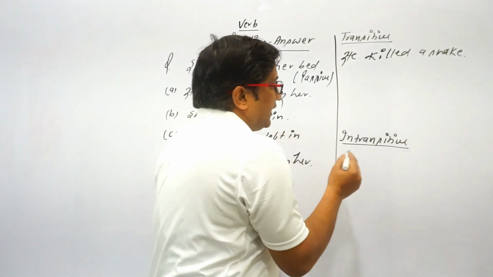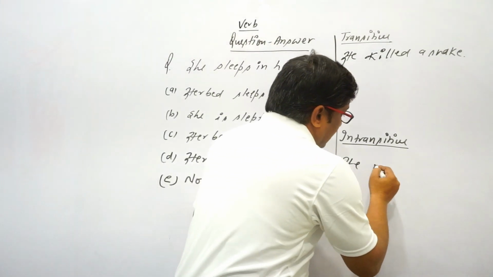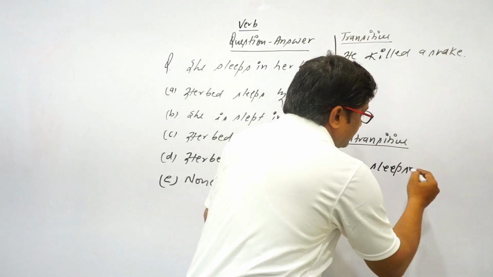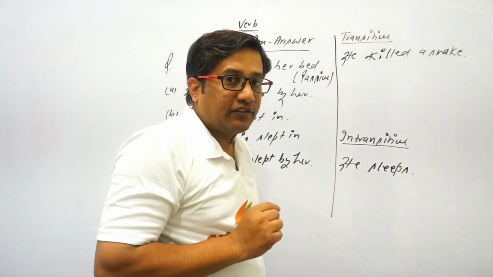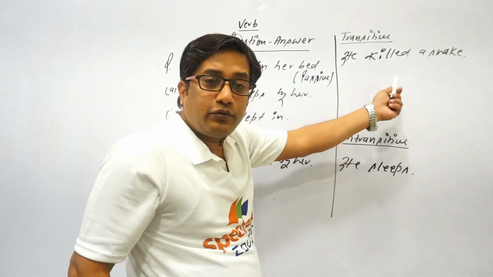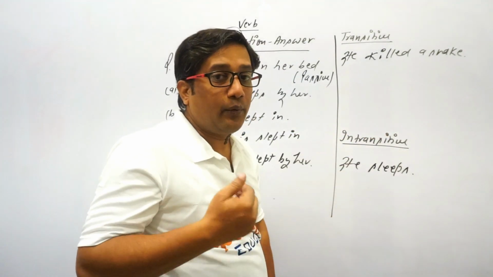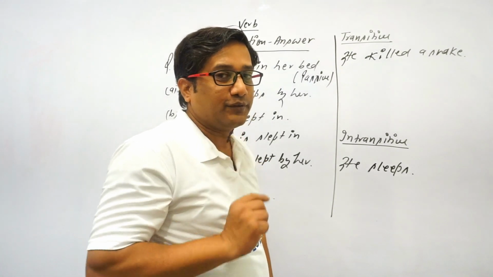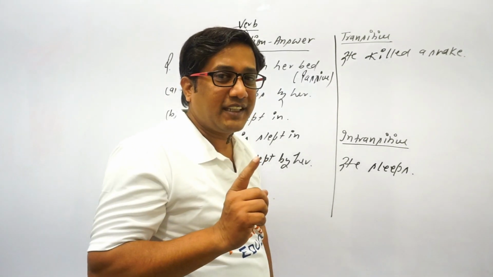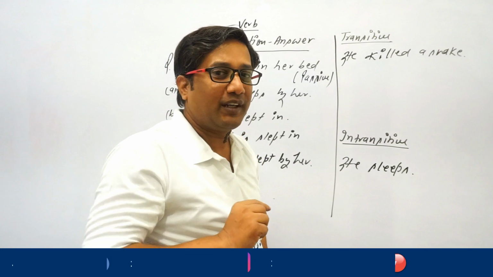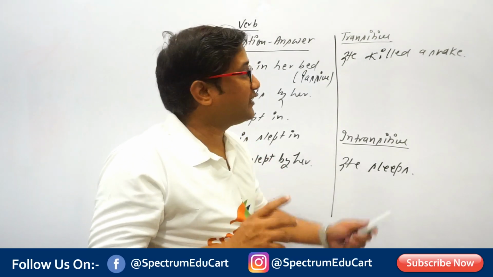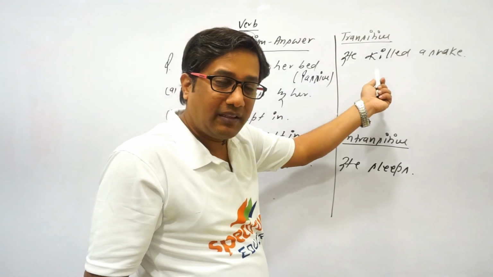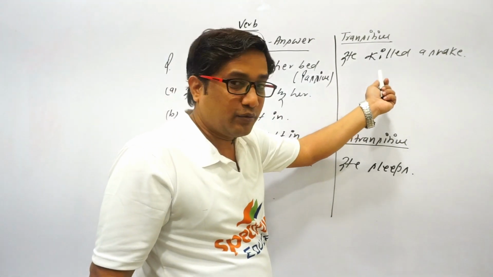Now the next one is, he sleeps. That is intransitive. The problem is that only transitive sentences can be converted into passive. An intransitive sentence cannot be converted into passive.